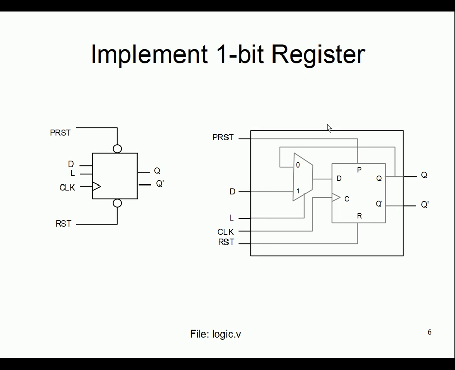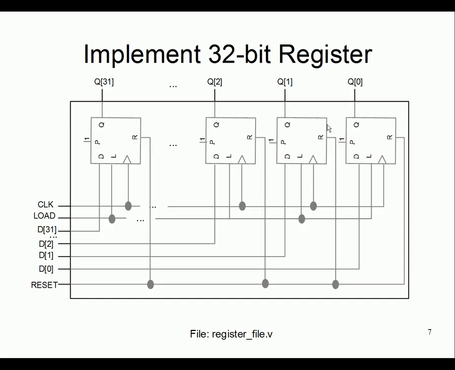So once you have this 1-bit register, then you can instantiate 1-bit register 32 times. Clock is common, load is common, reset is common, preset just put it to 1, you don't need it, okay, and reset is the common.